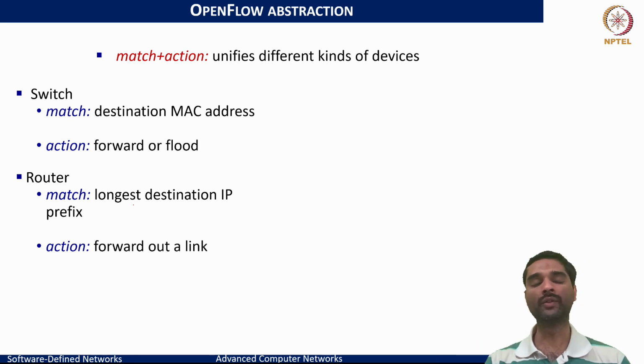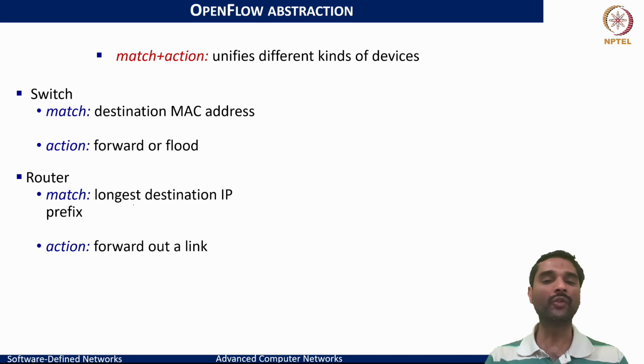Talking of routers, which are the layer 3 devices, what we have seen earlier is that they do the longest prefix match on the destination IP. Once there is a match on the destination IP, they would forward out on a specific link. Now we can specify through this generalized forwarding to match on a particular destination IP, and as the match is found, you can forward it out to route the packet appropriately.